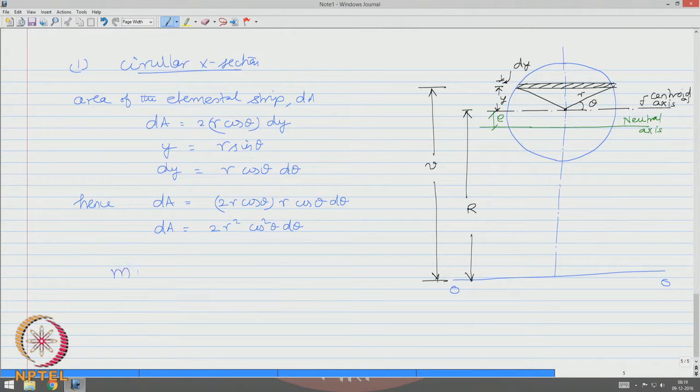We now know m A is the integral of y by r plus y dA for the whole area.